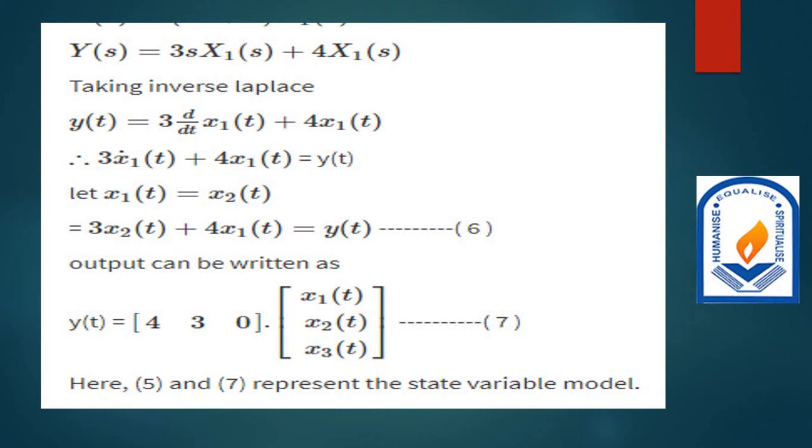Now the question comes again, why have we evaluated this state variable model? Just try to understand the concept, because we have already studied the methods of the controller, the PID controller. To formulate a state variable model of a system, the basic definition is that the system state and its minimal set of variables is required.